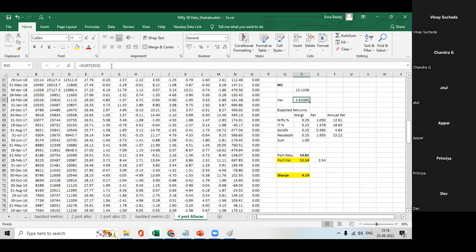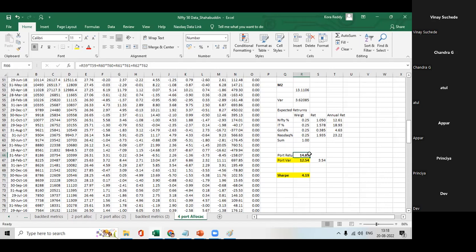And portfolio returns are nothing but weight into returns into 12, because 12 months.